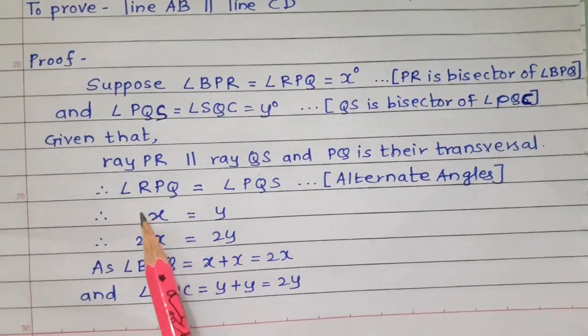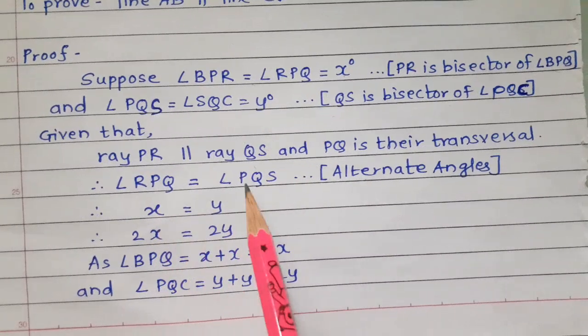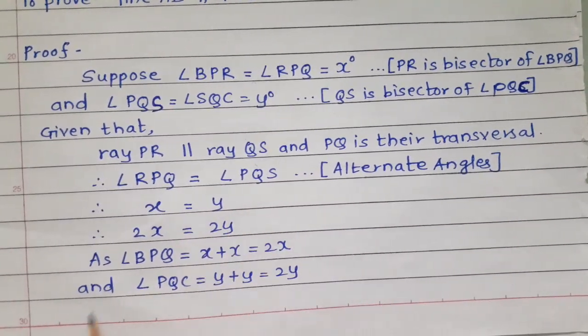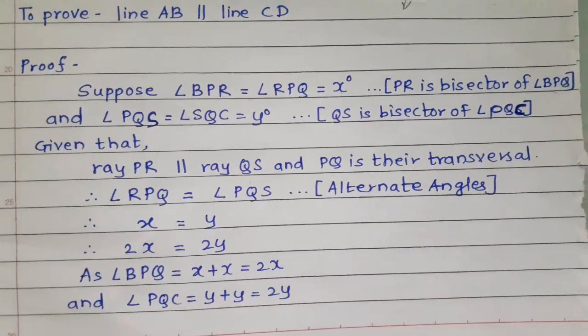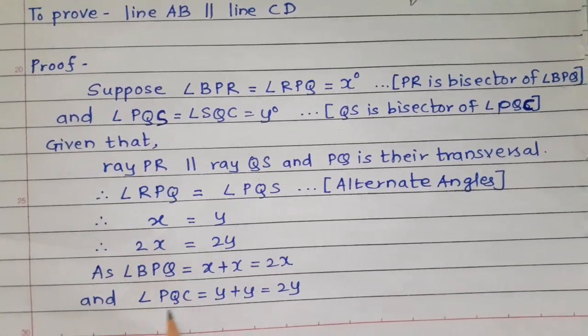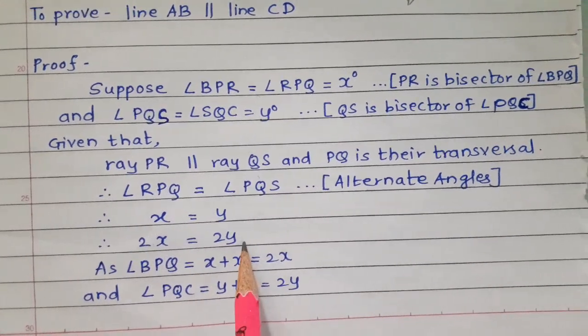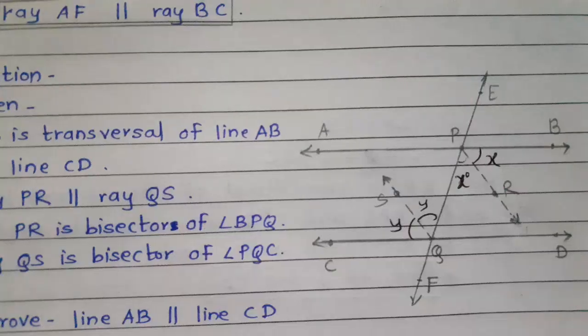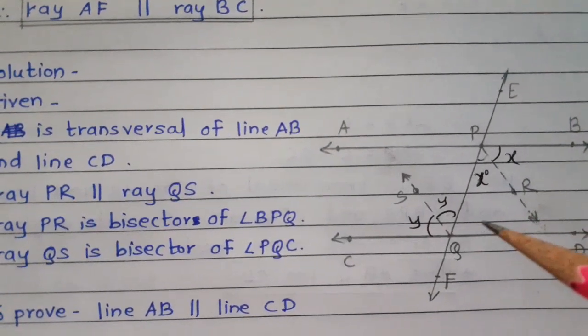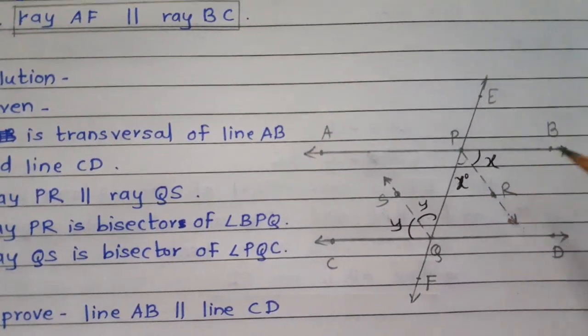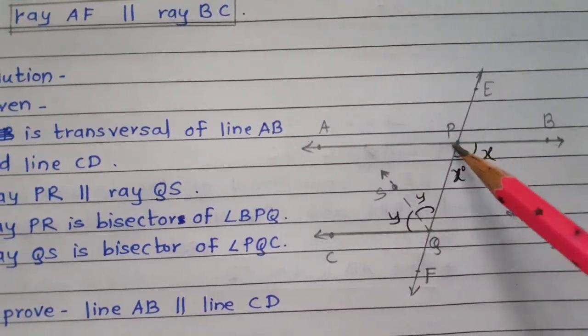And suppose angle RPQ is x degrees and angle PQS is y degrees, so x equals y. Multiplying by 2 on both sides, we have 2x equals 2y. When we have 2x, that means x plus x, we have the whole angle BPQ.